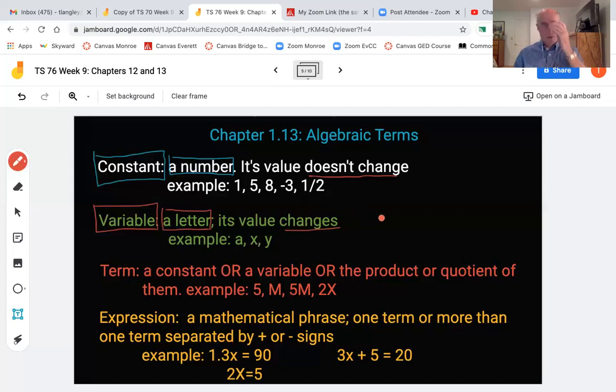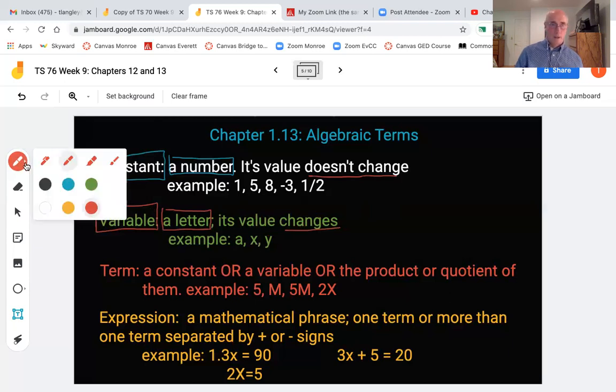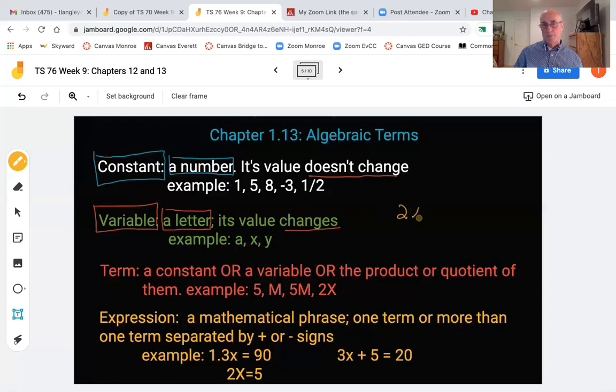Let me give you an example over here real quick, just as a side note. If I say 2x, 2 times x equals 10, 2 times what equals 10? You can probably figure out 2 times 5 equals 10. So x equals 5.